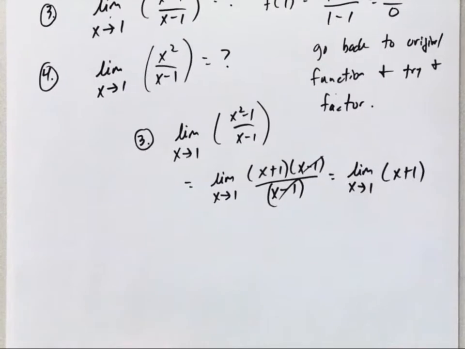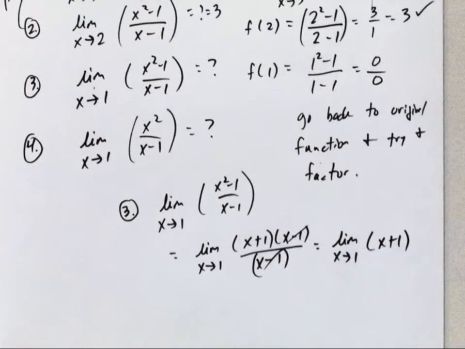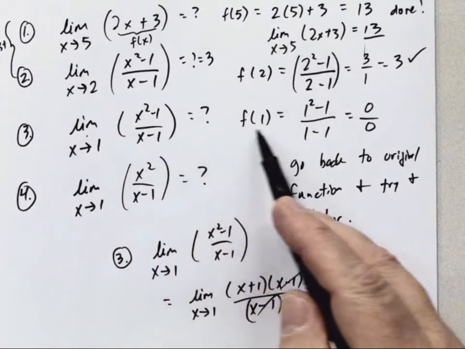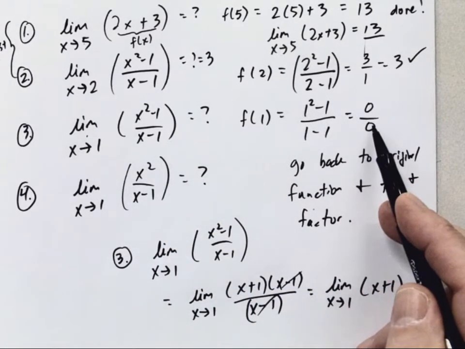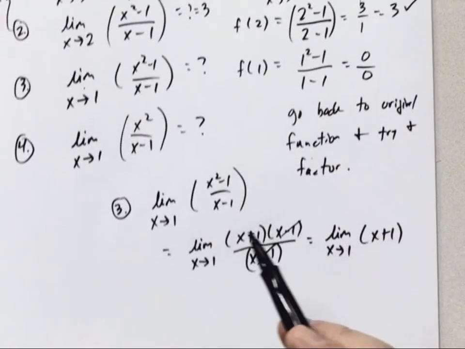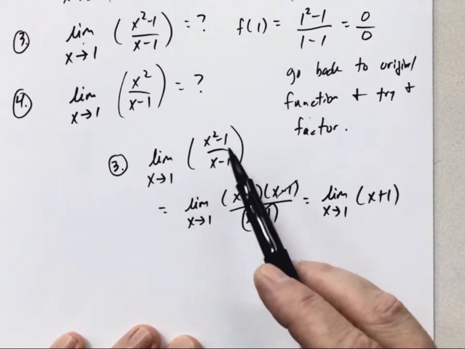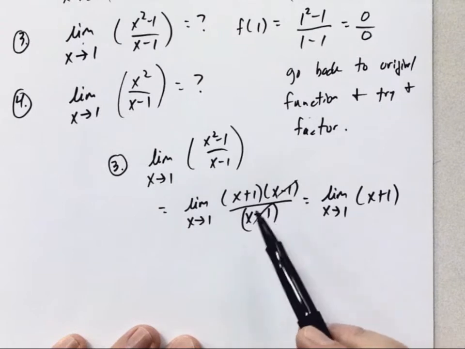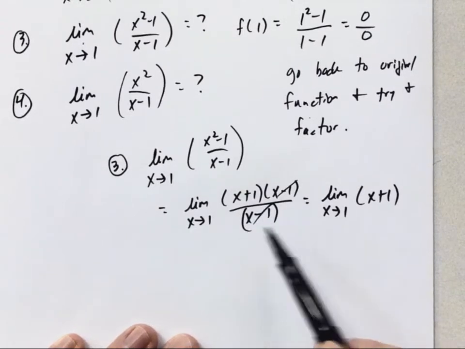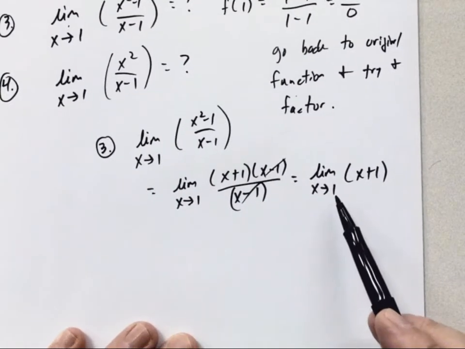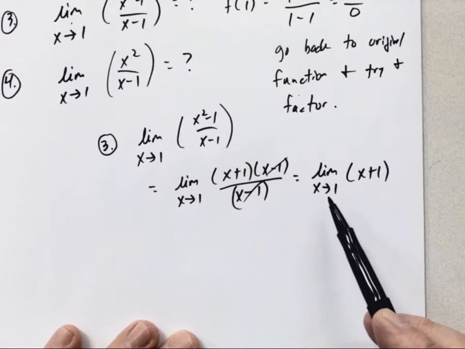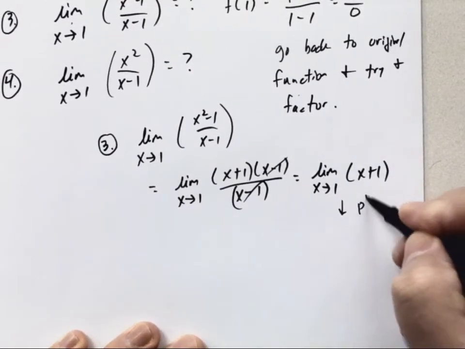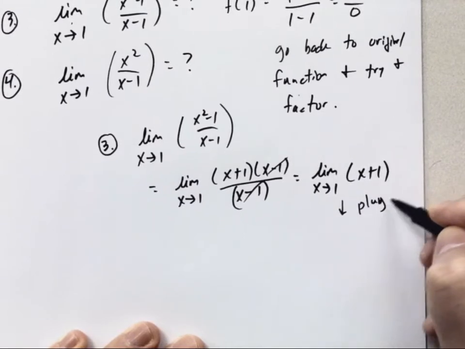Now what's interesting is my first attempt, when I just plugged in the number into the function, I got 0 over 0 and I was sort of stuck. So I decided to go back and try and factor, and once I see that the numerator factored and then I can cancel, now I go back and I'm going to take this and try it again.